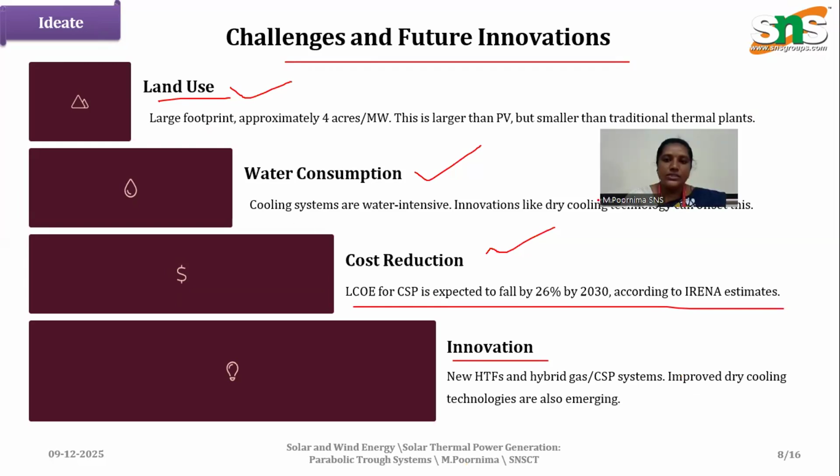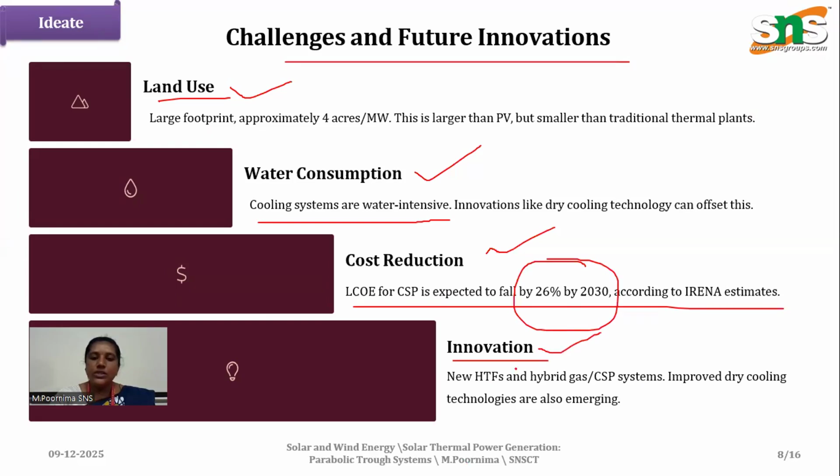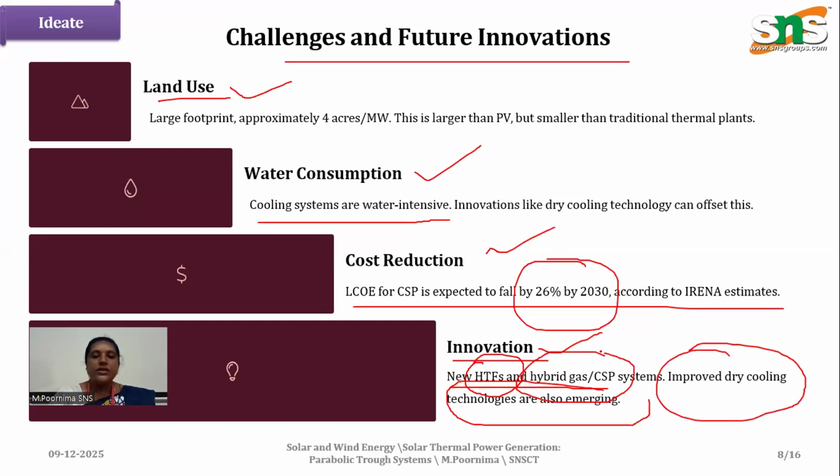We have water concerns from cooling systems, and innovations like dry cooling technologies can offset this. Cost reductions also play an important role here. Coming to the innovations, the future includes new technologies with hybrid designs, which improve dry cooling system technologies.